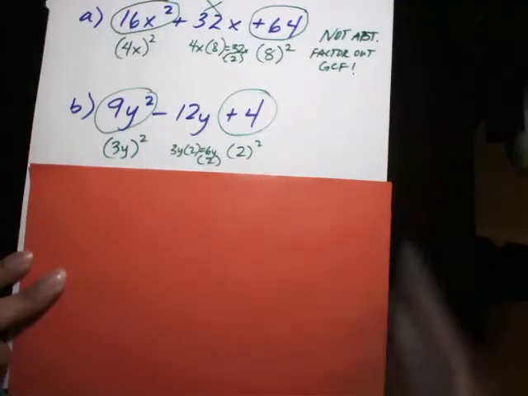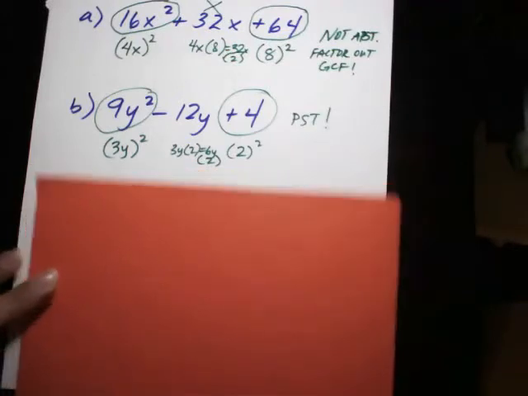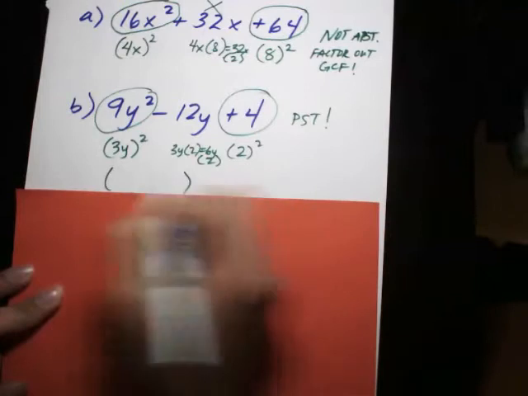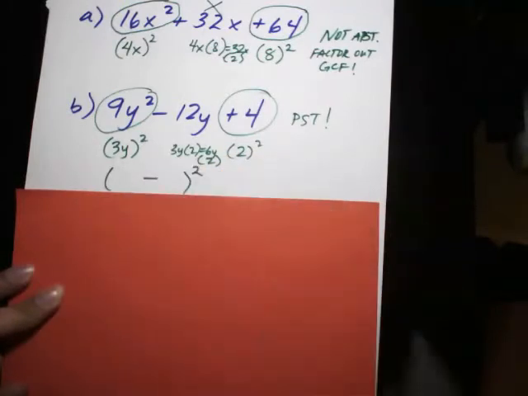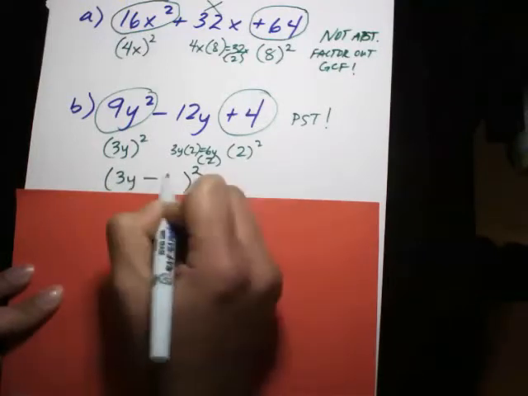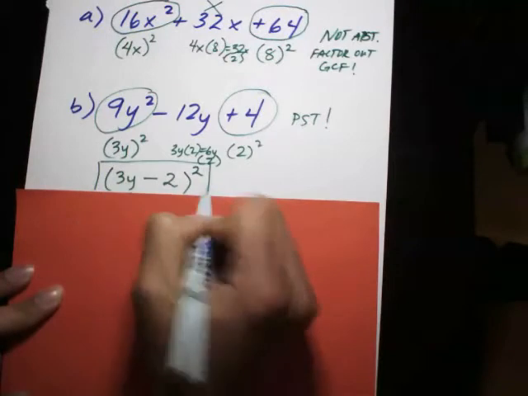Yeah, so this is a PST. If it is a PST, let's take a look at what our form will be. It's a minus sign, so I know I'll have first minus last, quantity squared, and I'm going to put the first term there and the last term there. So here's my completely factored form.